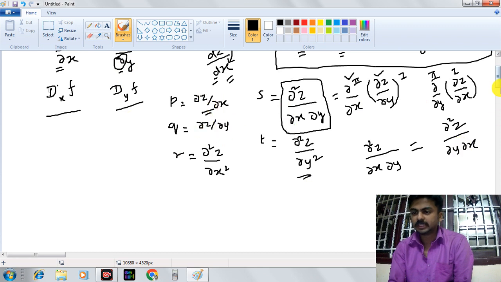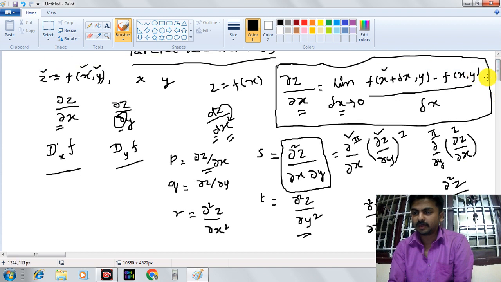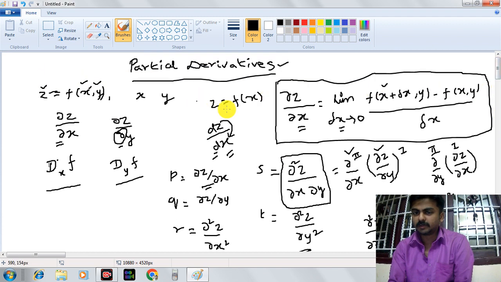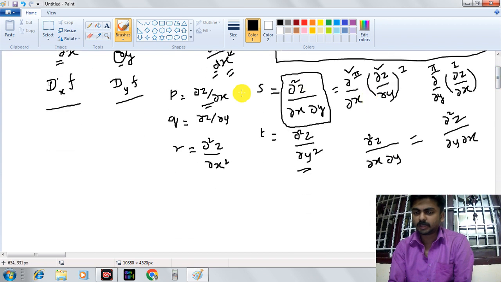Since here we are having z as the function of both x and y, each notation can be written as f.